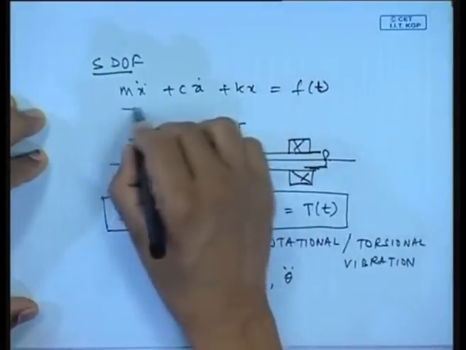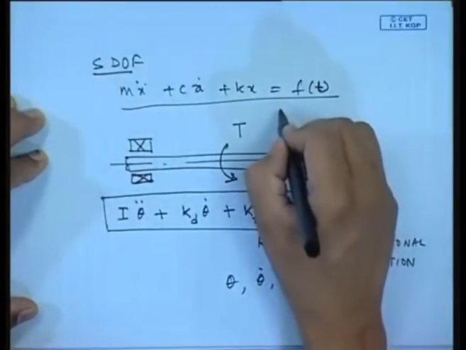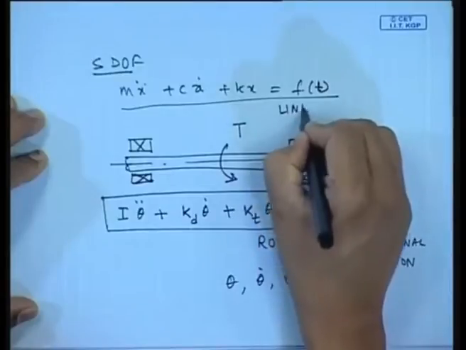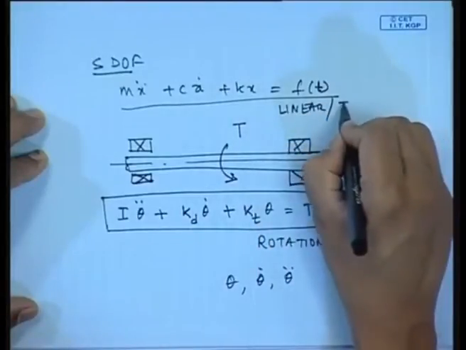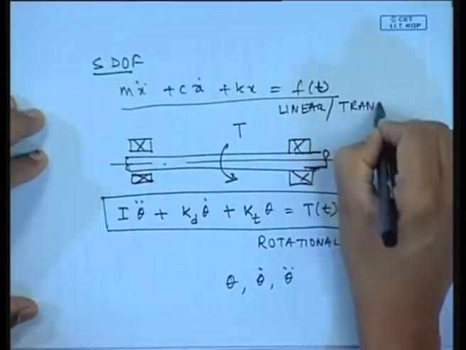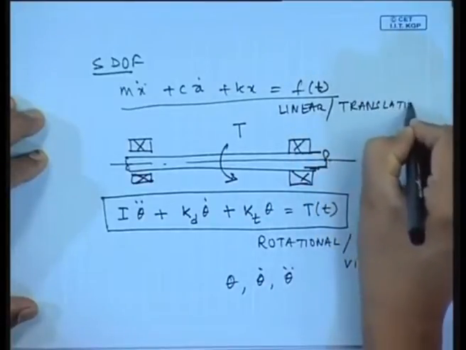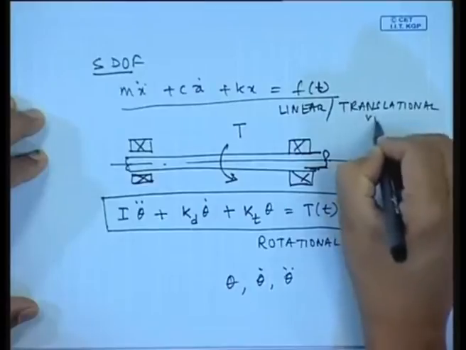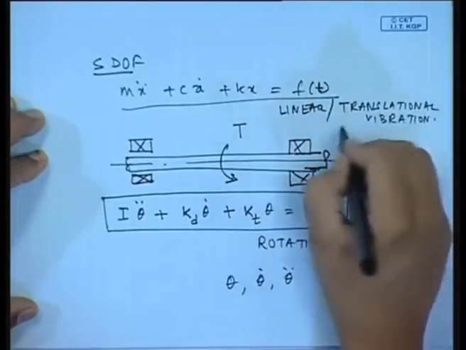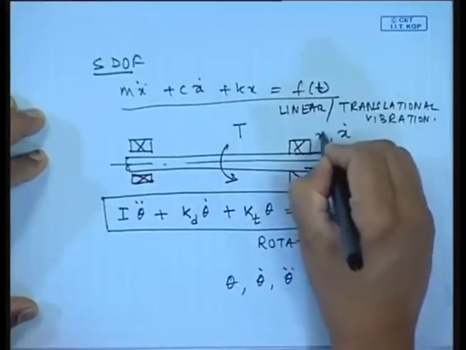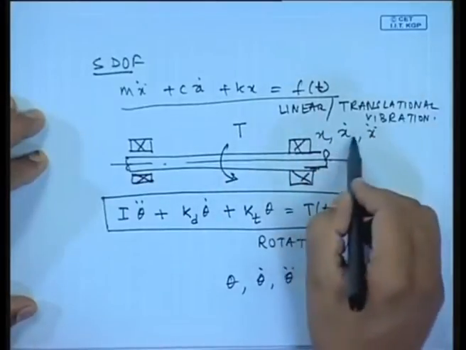And in the previous example, I had described linear or translational vibration, wherein we could measure x, x dot and x double dot.